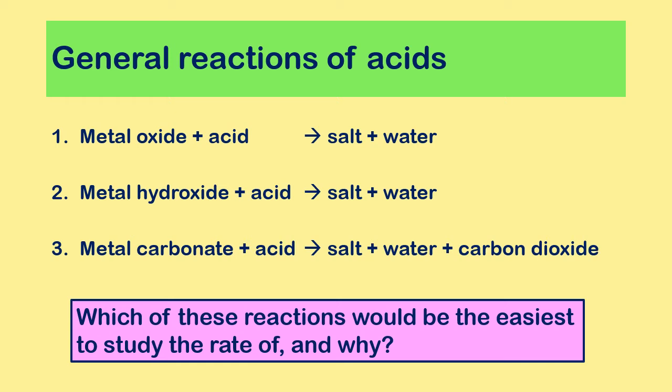With the metal carbonate reaction, we could measure the volume of gas being produced over time, or we could measure how much mass is lost from the reaction, because as that carbon dioxide is produced, it would leave the reaction flask and cause everything to get lighter. With the metal oxide and metal hydroxide, there are not such obvious signs for the chemical reaction that we would be able to follow easily.